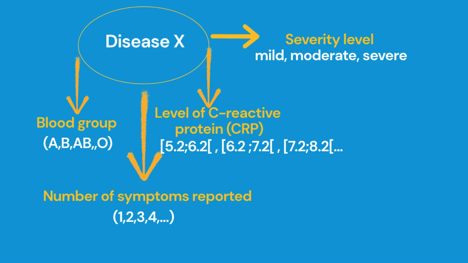So this is a quantitative discrete variable. C-reactive protein level can take values like 4.2, 6.7, etc. These are continuous values on a scale, so this is a quantitative continuous variable. For severity level, for example, mild, moderate, or severe. These are qualities, not numbers, but there is a natural order here, so it's a qualitative ordinal variable.